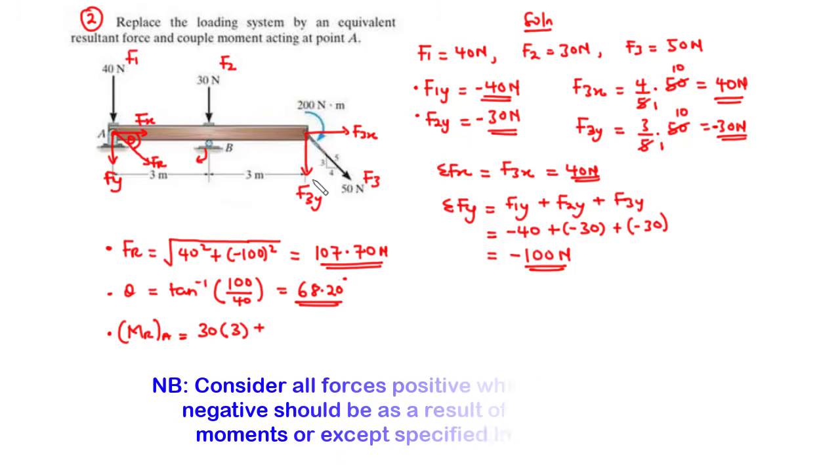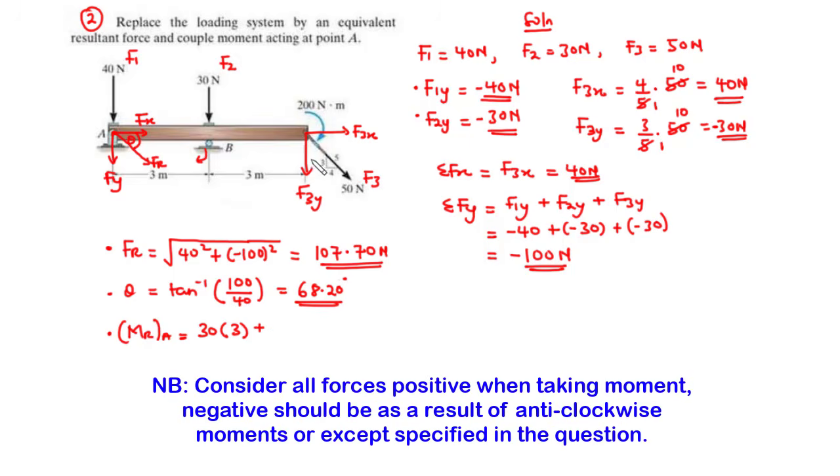Therefore, we have 30 times 3 plus. Now for F3y, F3y is also acting along this line, and so you have F3y also moving in the clockwise direction. So F3y times 3 plus 3, which is 6.